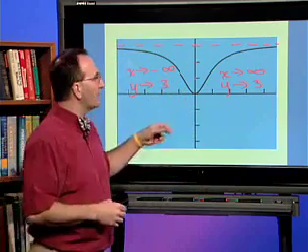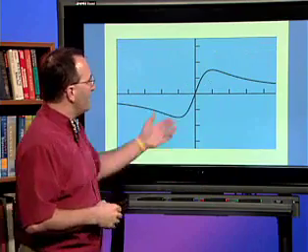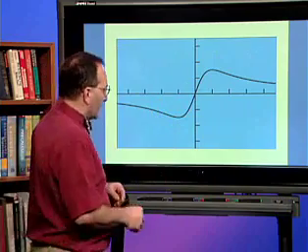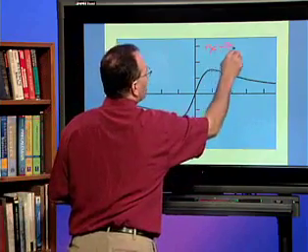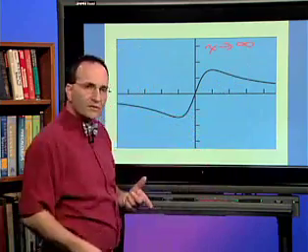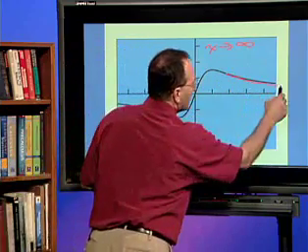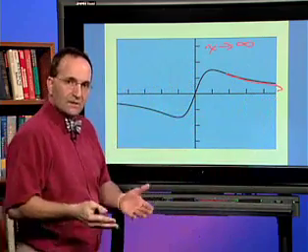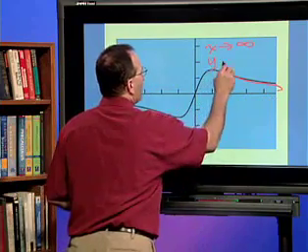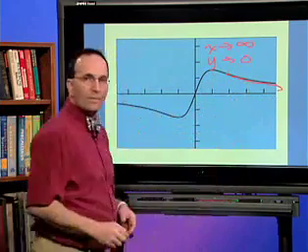I have one more graph that I want to take a look at with you, and that's this graph right here. What's happening? Well, it's interesting because this time as x goes to infinity, it appears as though this graph is getting closer and closer to the x-axis. In other words, y is approaching 0.